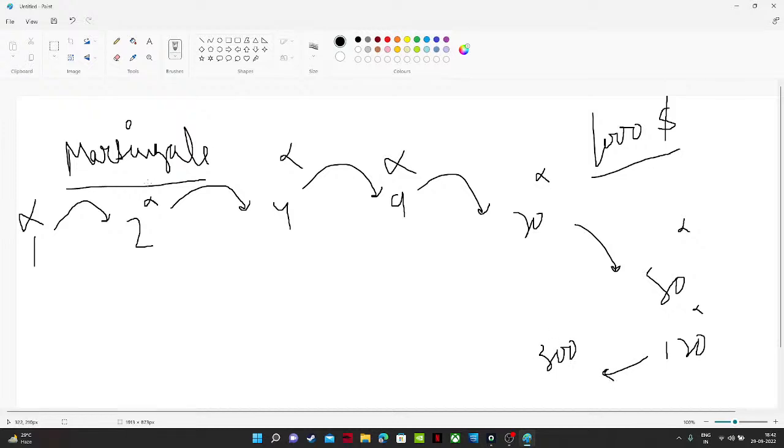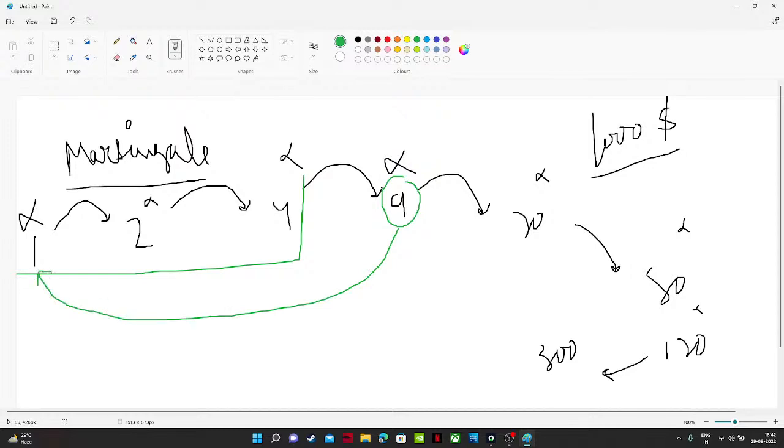So the idea here is that we are assuming we are going to win one out of all these trades. If you win here, all the previous losses will be recovered, and you will also get some profit. After winning any trade at any point, you return to step one. If you win at step one, you remain at step one only.